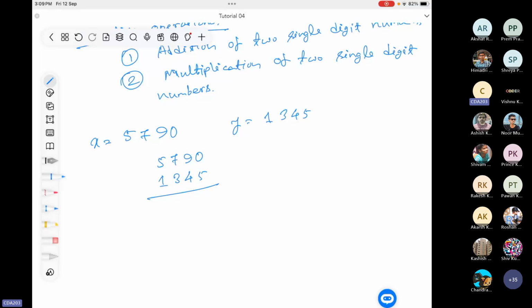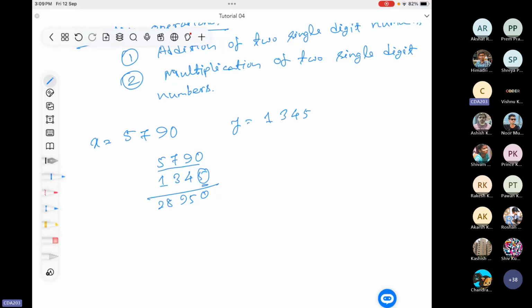Now we take the last number, the lowest decimal digit, and we multiply it with all the digits in the first number. So it's something like 2, 4, 5, 35, 4, 9, and 25, and 3. I think 28. Is it correct?